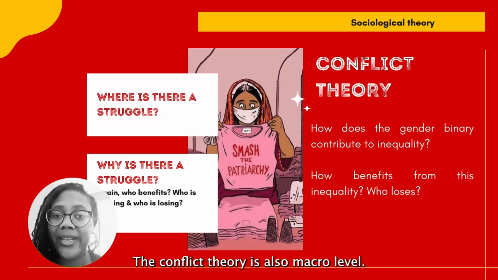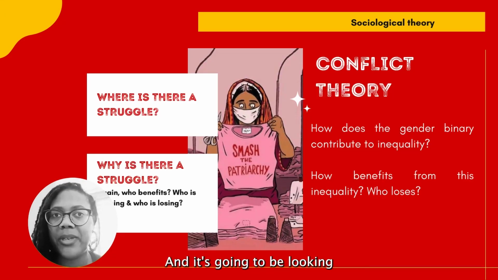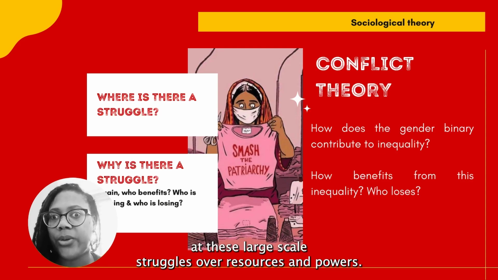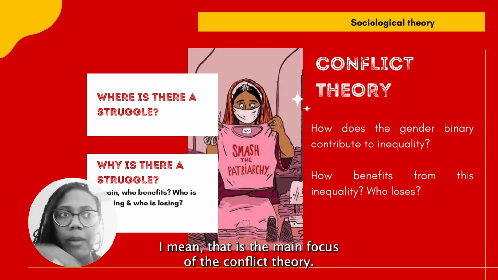The conflict theory is also macro level, and it's going to be looking at these large scale struggles over resources and powers. That is the main focus of the conflict theory.